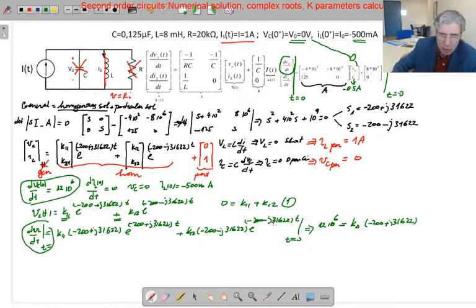And then this term, when you replace t with 0, K12 times (minus 200 minus j31622). So that's the first equation, that's the second equation. From those two you can calculate K11 and K12.